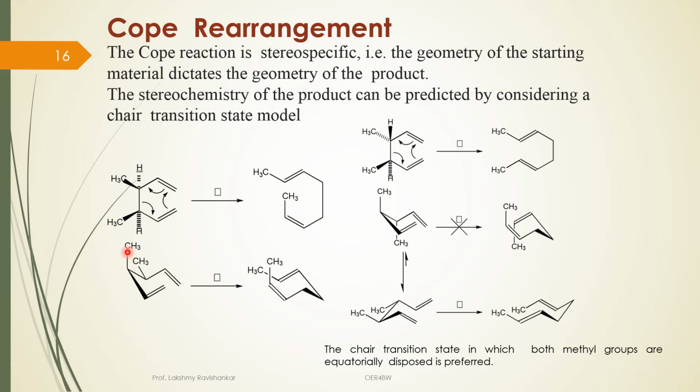So that is a 1-2 relationship here between these two. This is 1 and this is 2. So 1-2 in a cyclohexane chair conformation, one has to be axial, the other has to be equatorial. And now imagine that I am forming a bond between this carbon and this carbon, this pi bond shifts and this double bond is coming here. There is a formation of a double bond here.